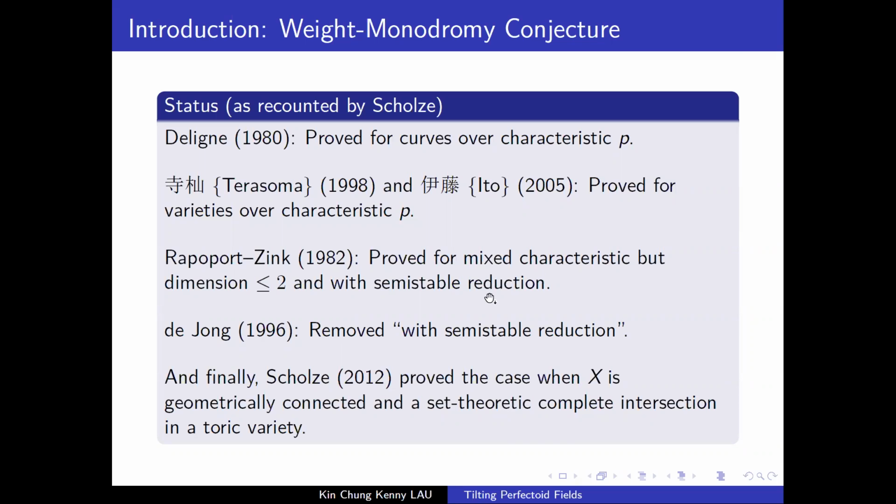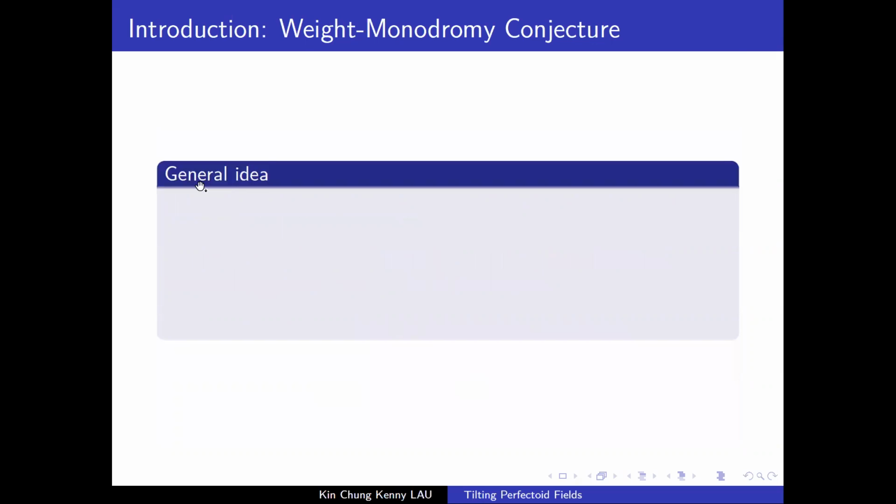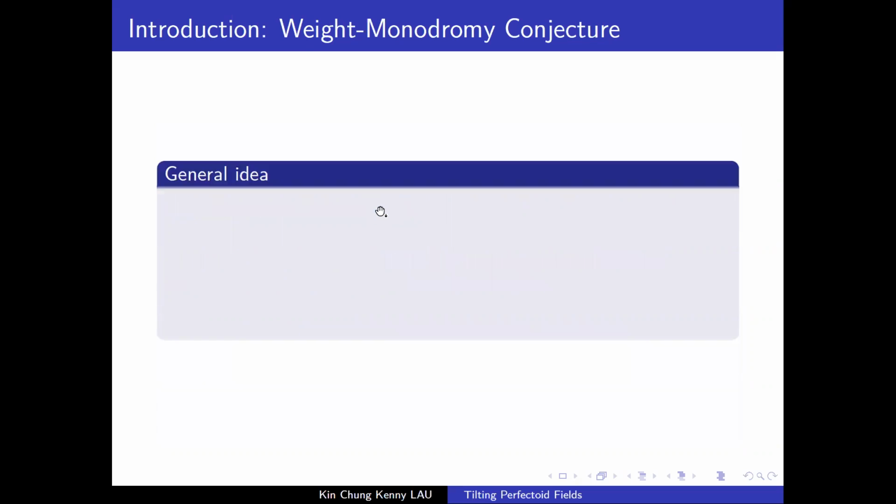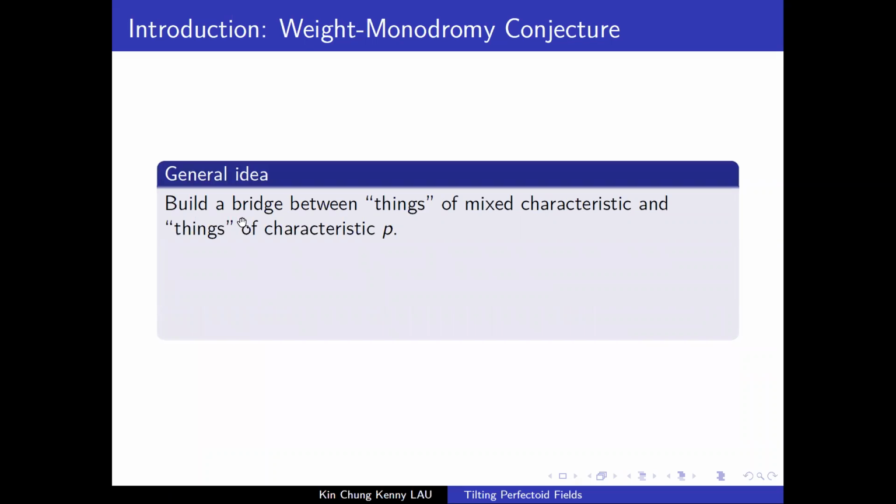And now the question is, how did he do that? How did Scholze prove this? The general idea is that he borrowed the result for characteristic p. Basically, he built a bridge between things of mixed characteristic and things of characteristic p.